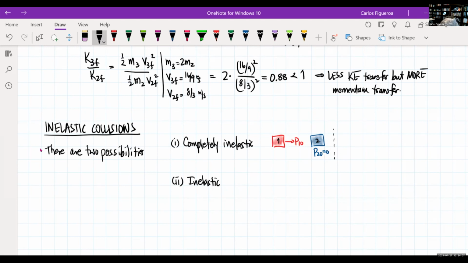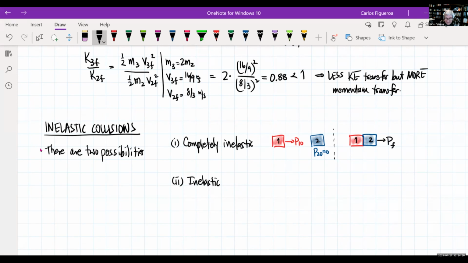And then afterwards, these two blocks get stuck to each other, and as they get stuck, they move together away as one block. So I can literally replace them, and they're going to have some final momentum that's a combination of 1 and 2.